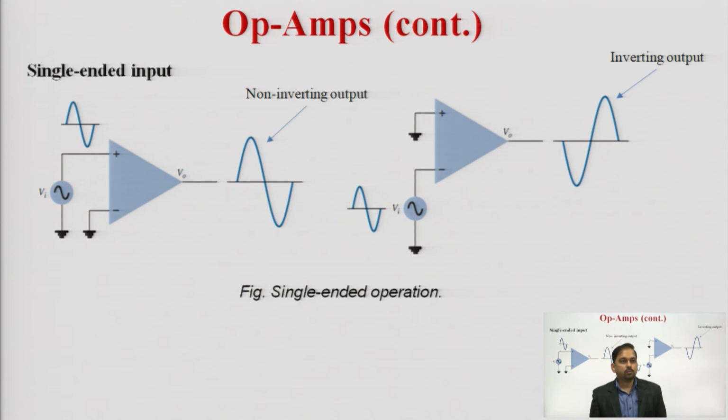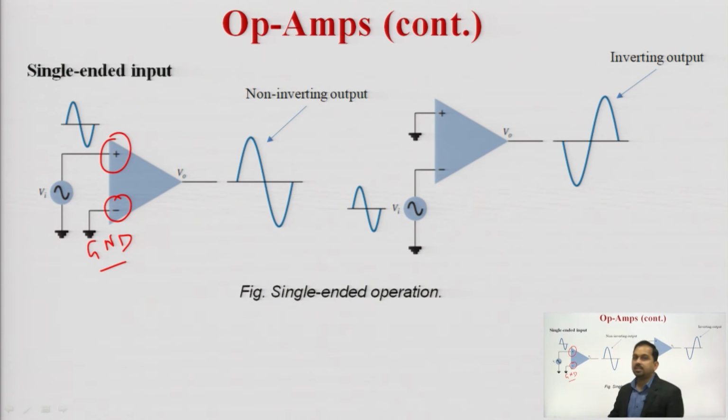Now we have the single ended input. Now what is single ended input? If we are utilizing only one input terminal of the op amp, and the other input is connected to ground, then it is referred to as a single ended input.